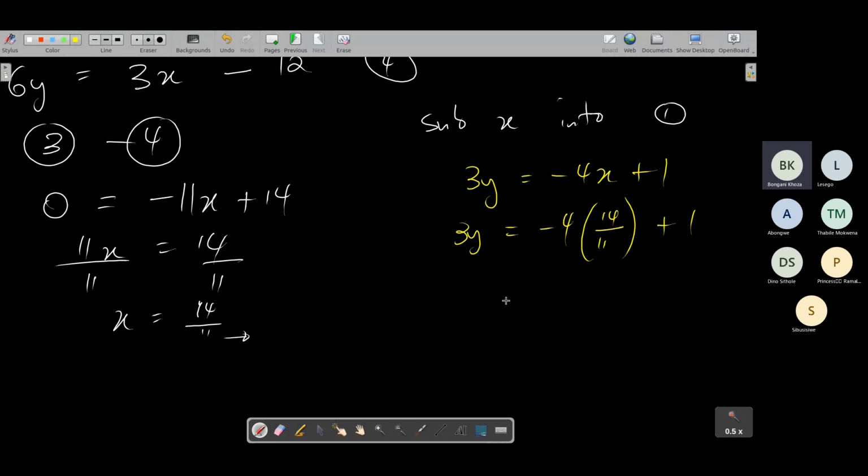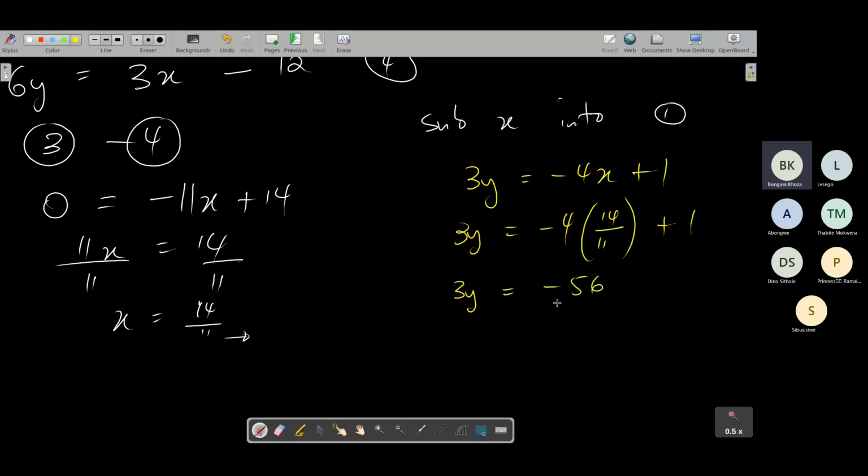Okay, it's not a friendly fraction. Let's see. This ends up being 14 times 4. It's what? 56.